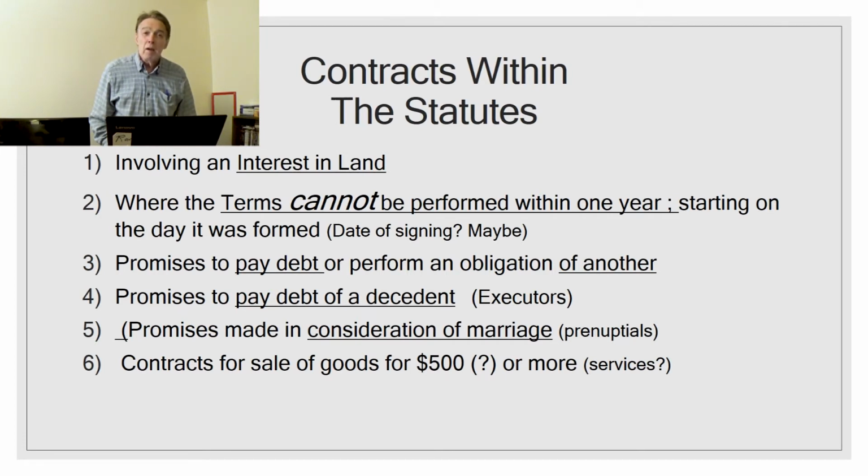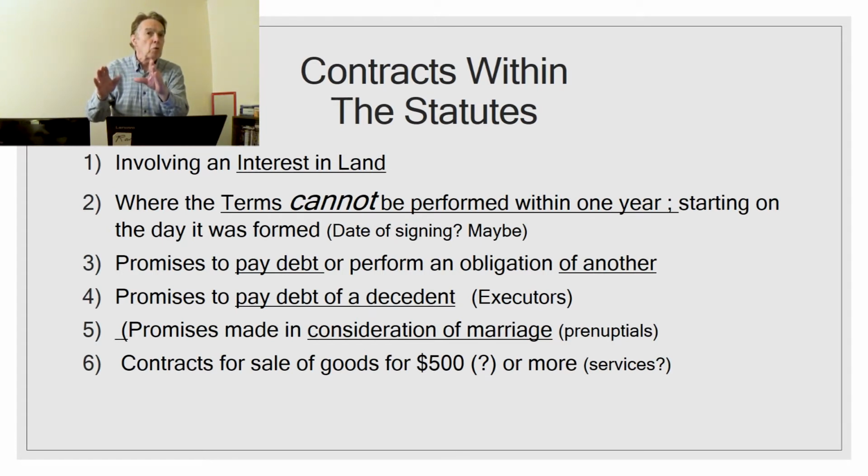So technically, we talk about the contract oftentimes as being the document, the writing on which the words of the contract are laid out. That's simply the document. That's simply the proof of what the contract was. The contract is this agreement. It's an abstract kind of thing. It has a separate existence from the document, but you cannot prove the contract in court without having the document.